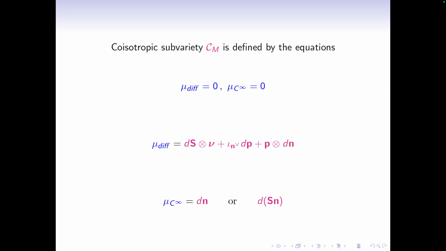So what is the moment map? It's the map from my symplectic manifold, so Pm is the symplectic space, to the dual space of the Lie algebra of the group.